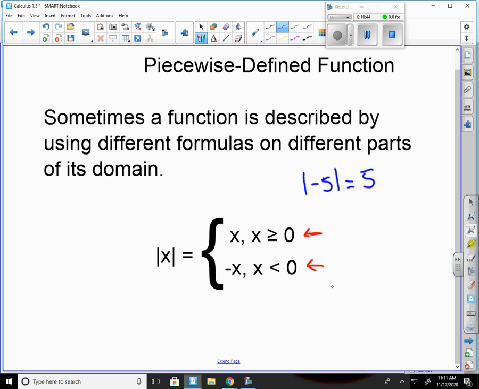It is going to go into the bottom, because negative 5 is less than 0. So since negative 5 is less than 0, we are taking the negative of a negative 5, which is positive 5.